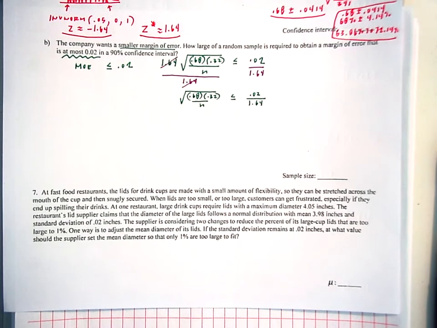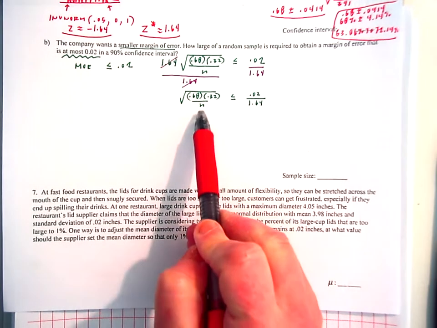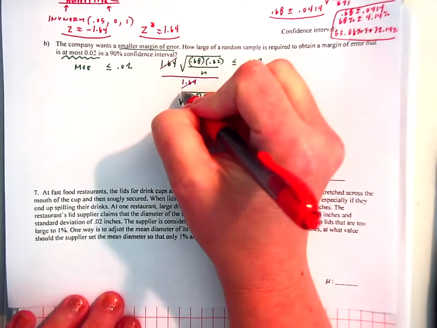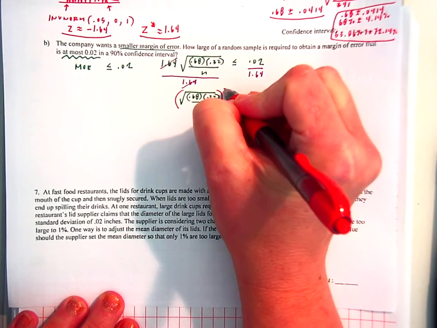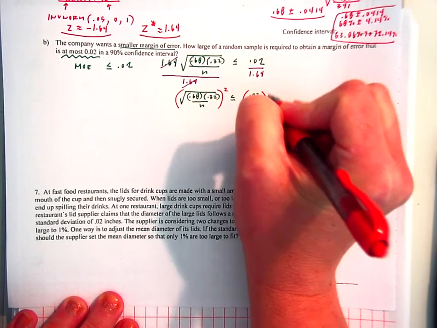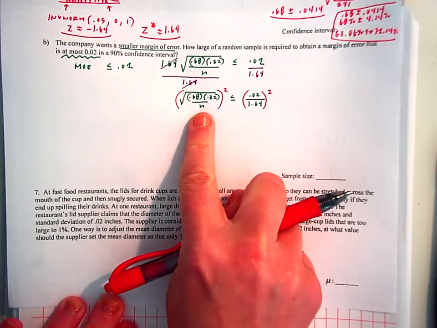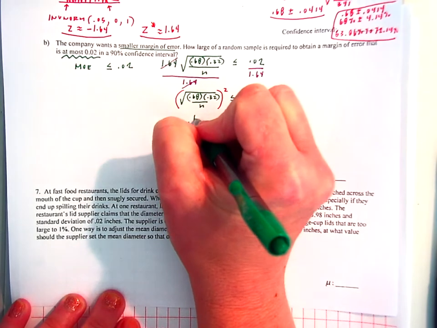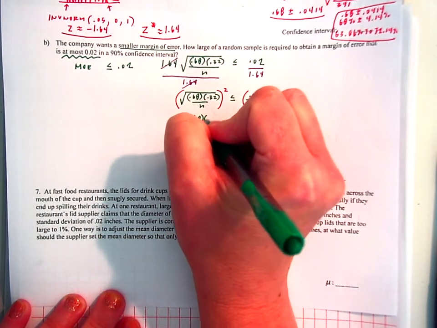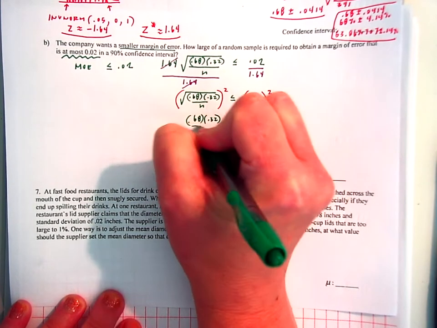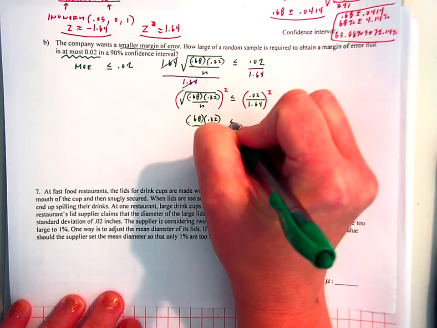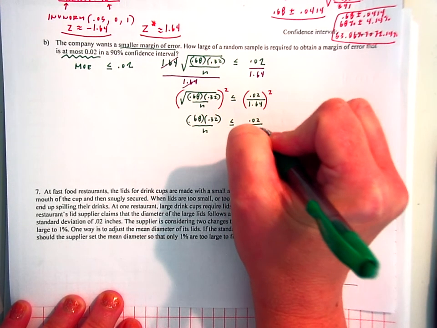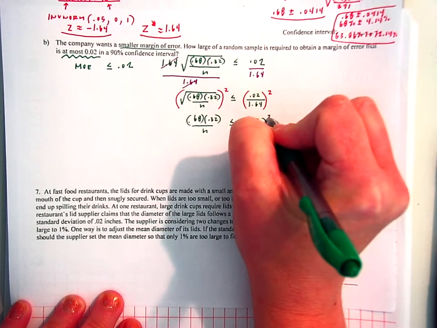Now, again, I'm keeping my eye on the prize. I want to get to the end. I can unlock the square root by squaring both sides. So I'm going to raise each side to the second power, and that's going to unlock my square root. So I now have 0.68 times 0.32 over n less than or equal to 0.02 over 1.64 squared.